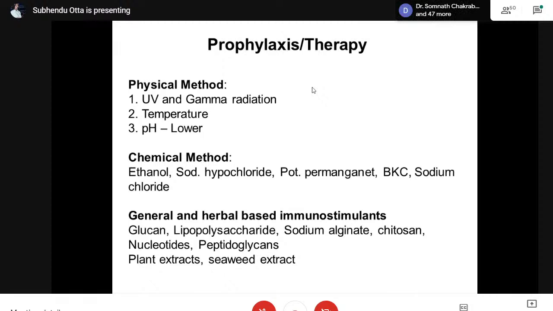Particularly for white spot syndrome virus, there are some reports that when you maintain a constant temperature of 32 degrees centigrade for 6-7 days, you will be able to get a successful culture. pH, again, is best for laboratory conditions only. I don't know how far it can be applied in the culture system. If you maintain a low pH like pH 3, it will be able to kill the white spot syndrome virus.